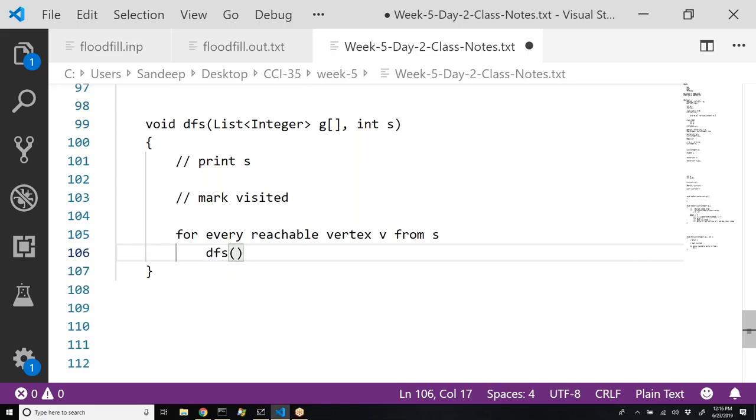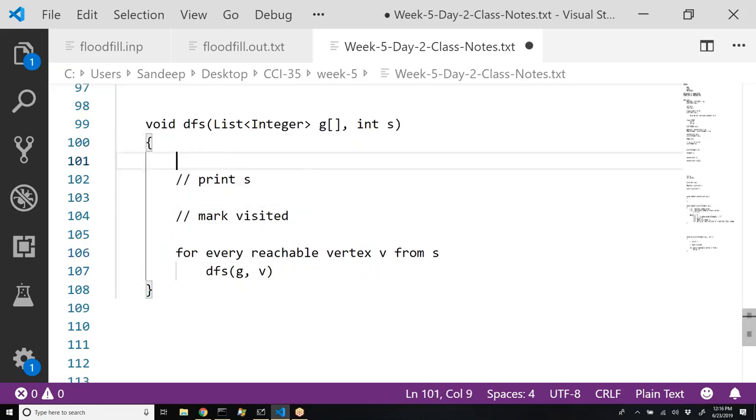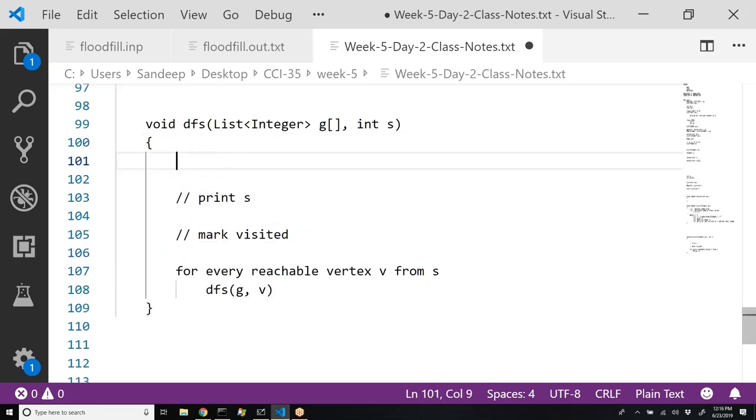Call DFS once again with the same graph and V. Right? But since this is recursive, we should account for one base or corner case also. If S is not present, ideally we will call it with the present vertex.